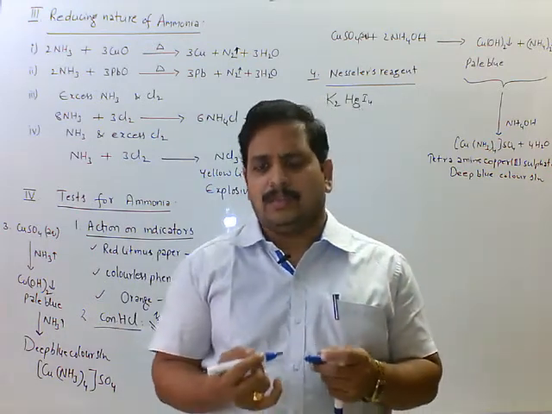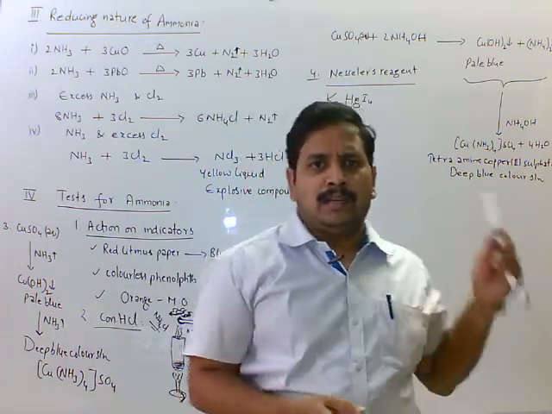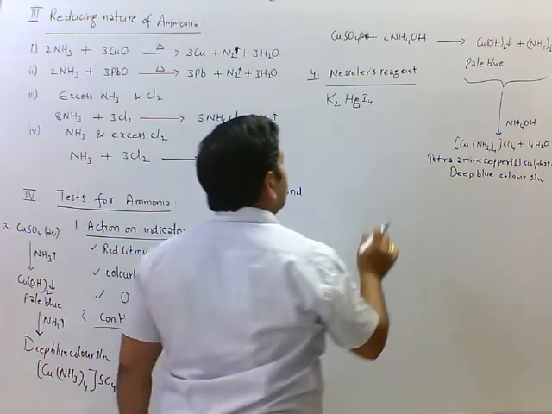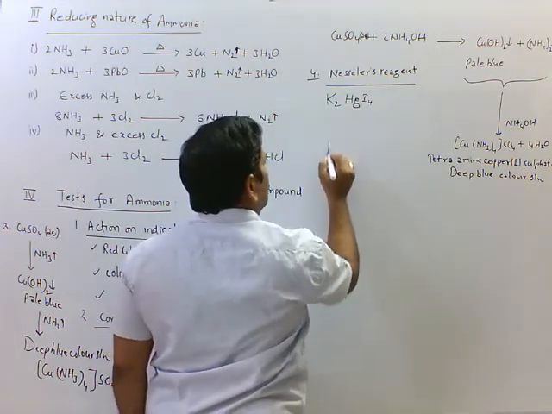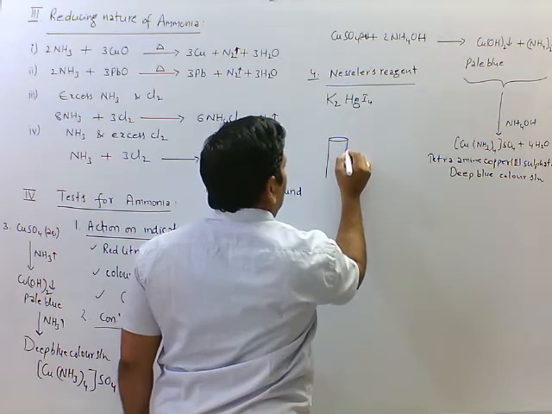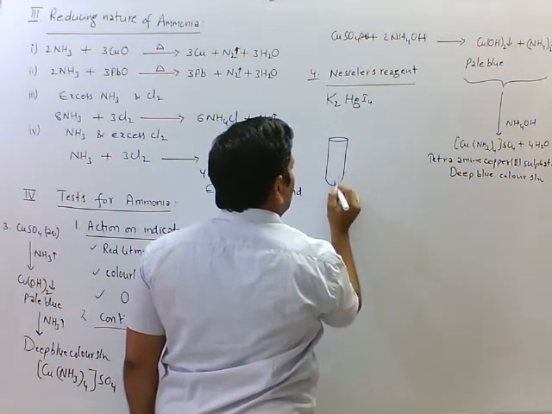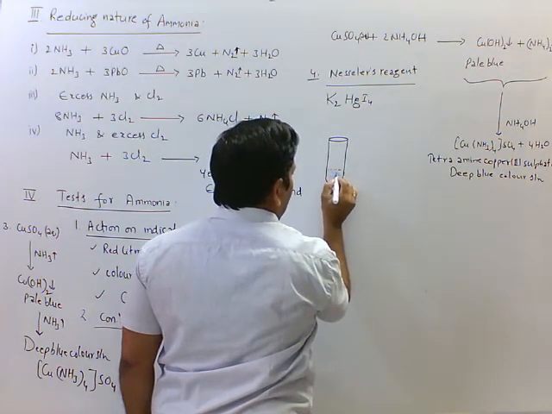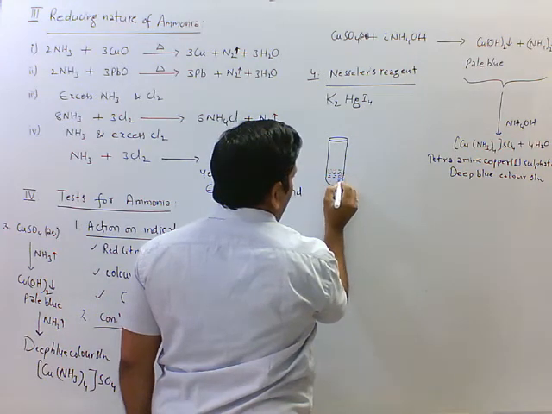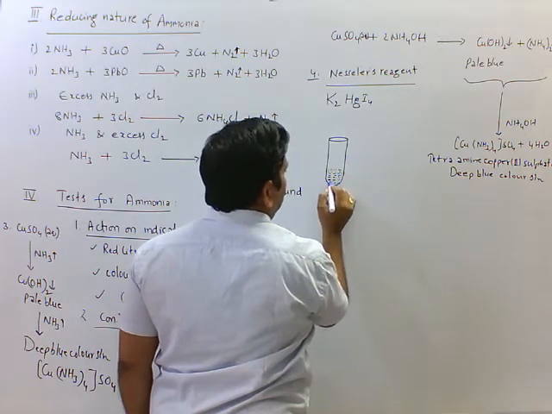This is what we call Nessler's reagent. It is a colorless solution. I am taking it in a test tube. This is Nessler's reagent, K2HgI4.